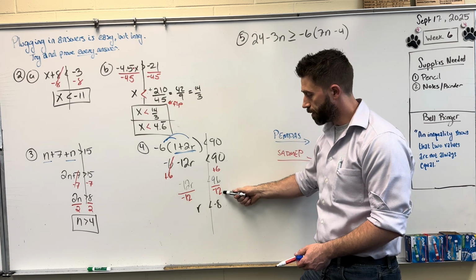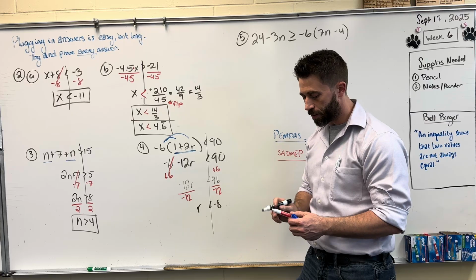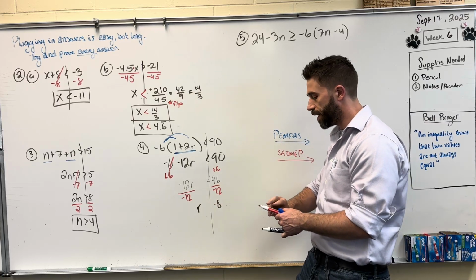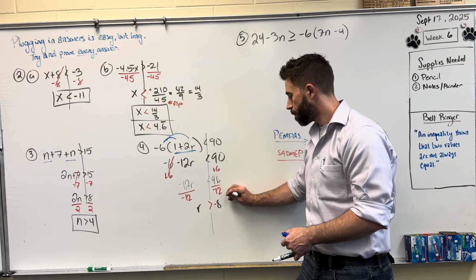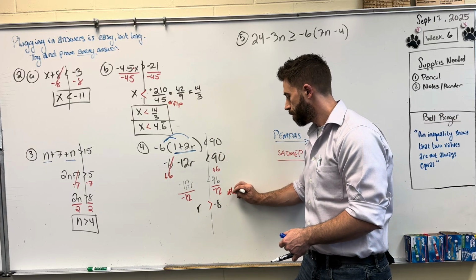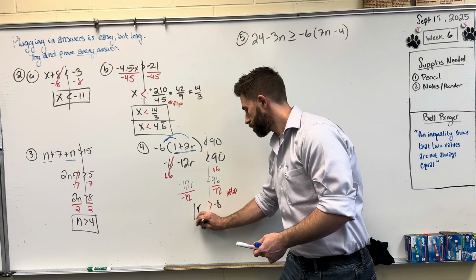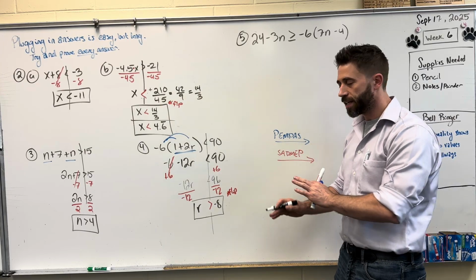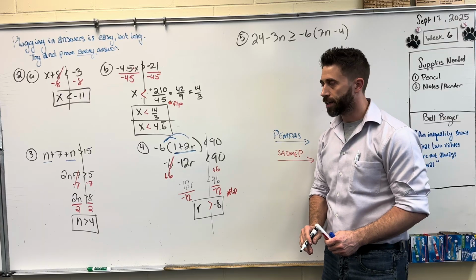What did we just do here? We divided both sides by a negative number. So what that means is that the inequality no longer opens to the right, it now opens to the left. We get a flip right there. Okay. So again, everything solved just like we've solved equations for an entire chapter. That's the only new thing.